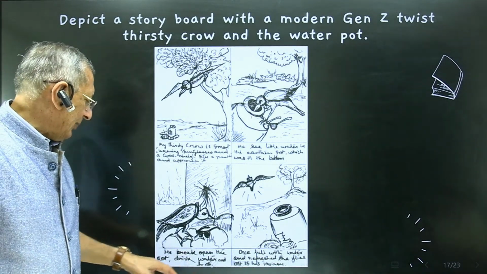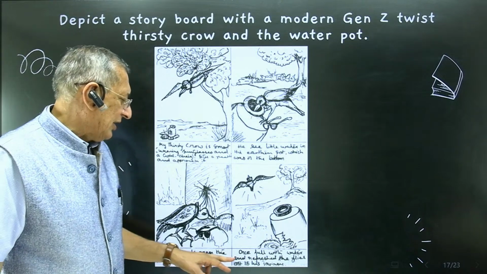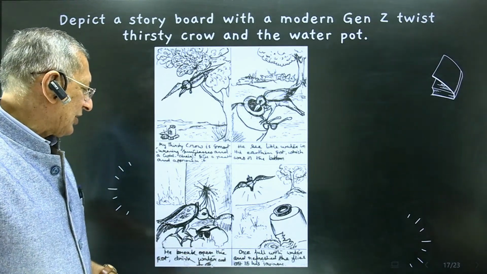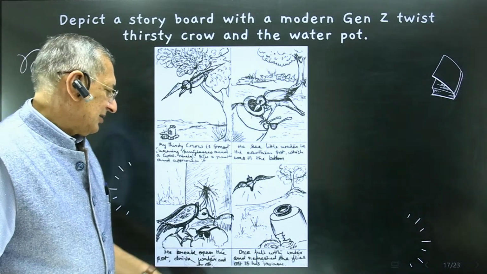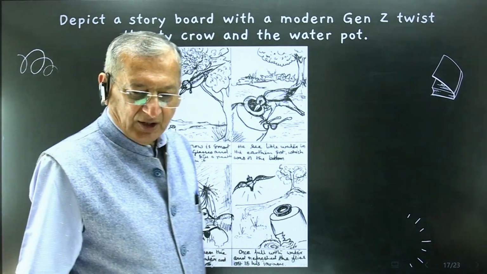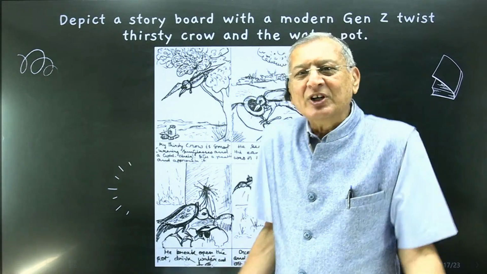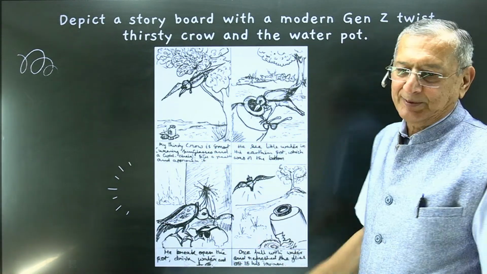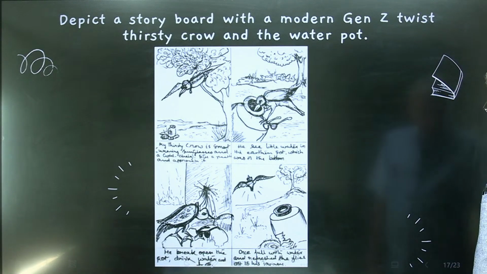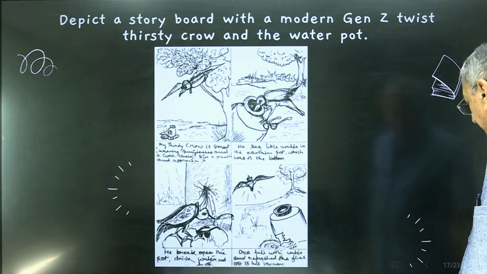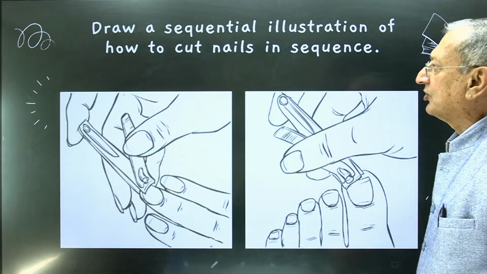So he breaks open the pot, drinks water, and then once full with water and refreshed, the crow flies off. Good narration and good depiction. So that's another topic I would like you to practice a lot and present yourself.